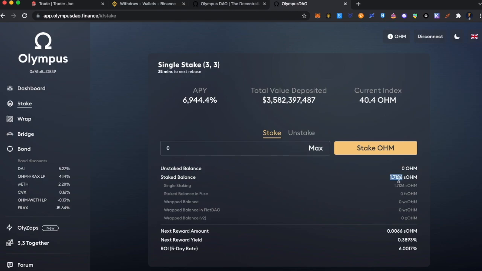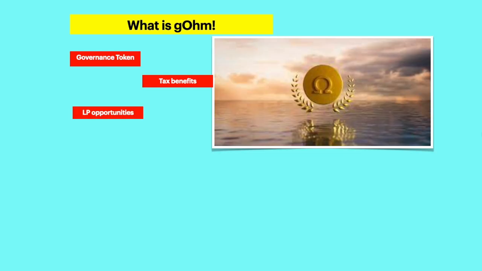If I wrap this 1.71 sOHM, I might get 0.0000 whatever gOHM. What Olympus DAO has done now is they have created this governance token. The value of that governance token will always remain constant.